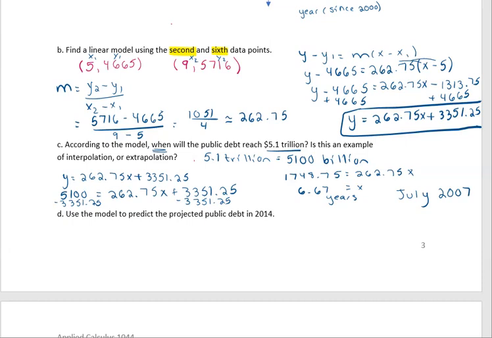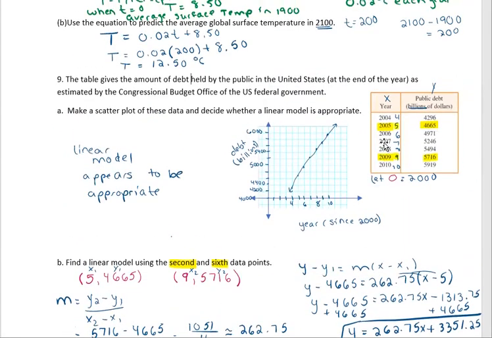Well, July 2007 is within our data set. It would be right here. Here's the end of 2007. The end of 2006 was 4,971. The end of 2007 was 5,246, excuse me. So we're looking at somewhere in the middle of those.